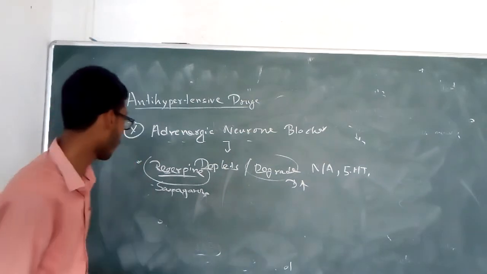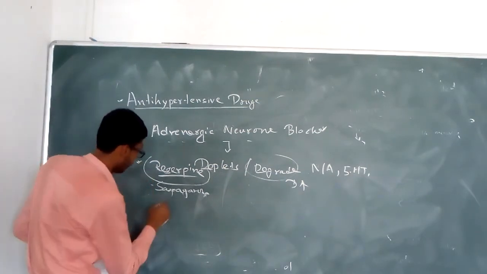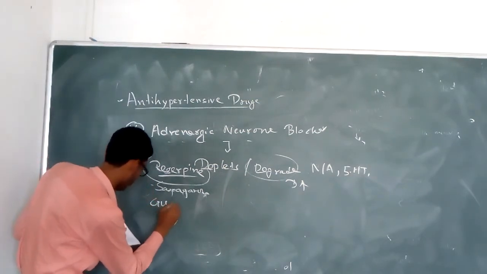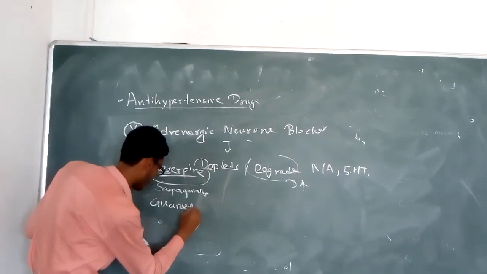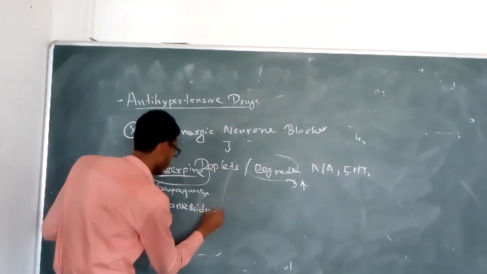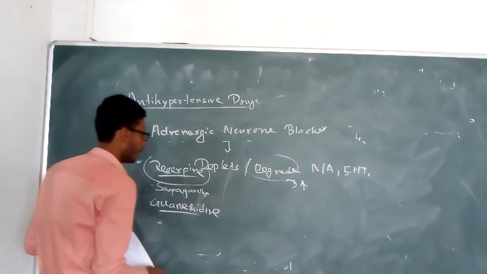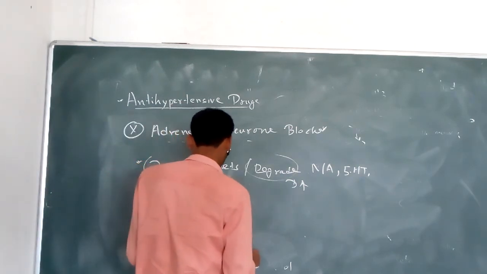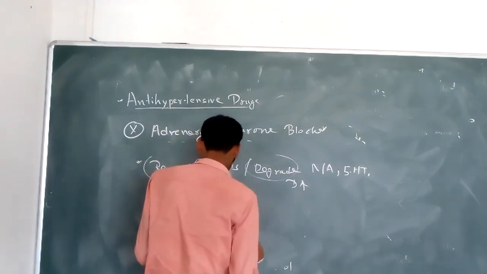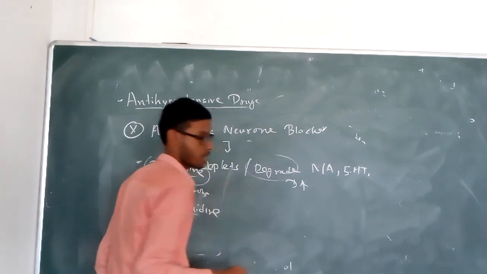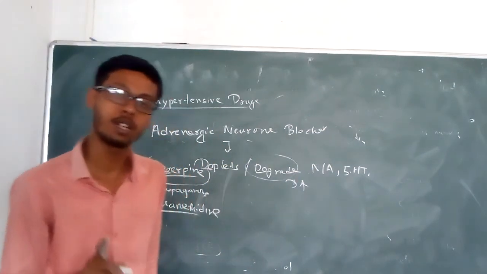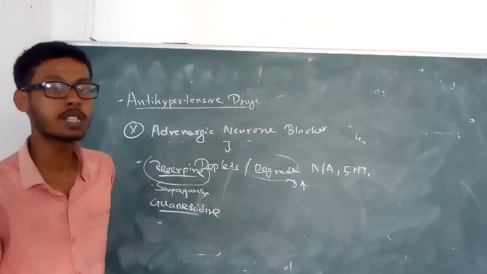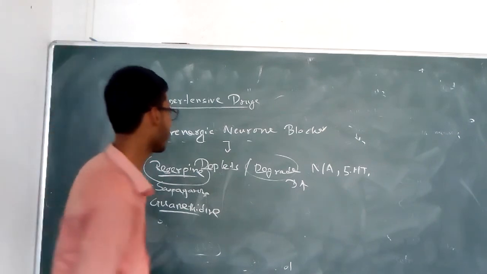And another drug, a lesser one, is guanethidine. Guanethidine is important. The structure of this drug is important because it contains the octahydroazocine structure. Azocine is an 8-member ring containing nitrogen.